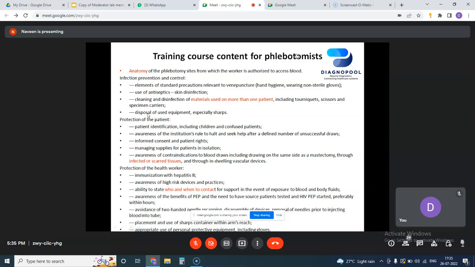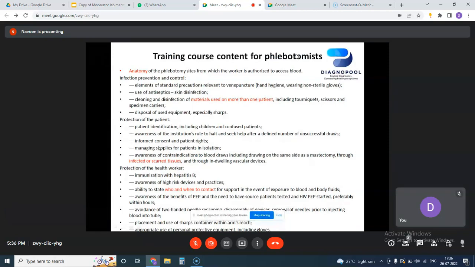And training can also include biomedical waste disposal and the topics related to protection of the patient, like patient identification, informed consent from the patients, and managing the supplies. So all the materials should be adequately present.